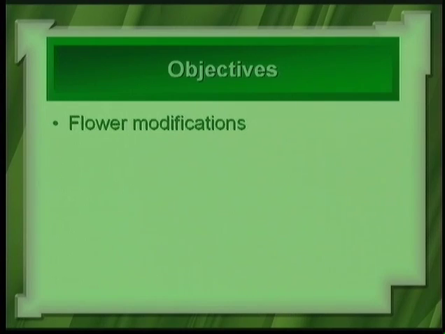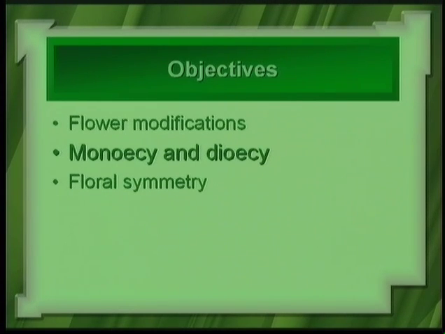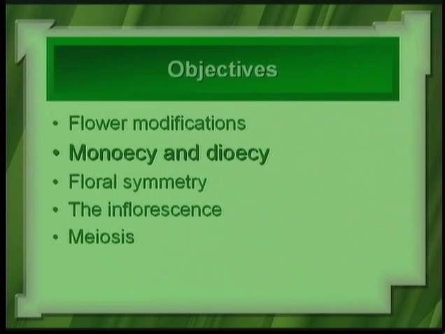Flower modifications, monoecious and dioecious. And also we're going to get into floral symmetry. Okay, so about the overall structure of the flower, we're going to get into something called the inflorescence, right? Meiosis, and then lastly, alternation of generations. Okay?